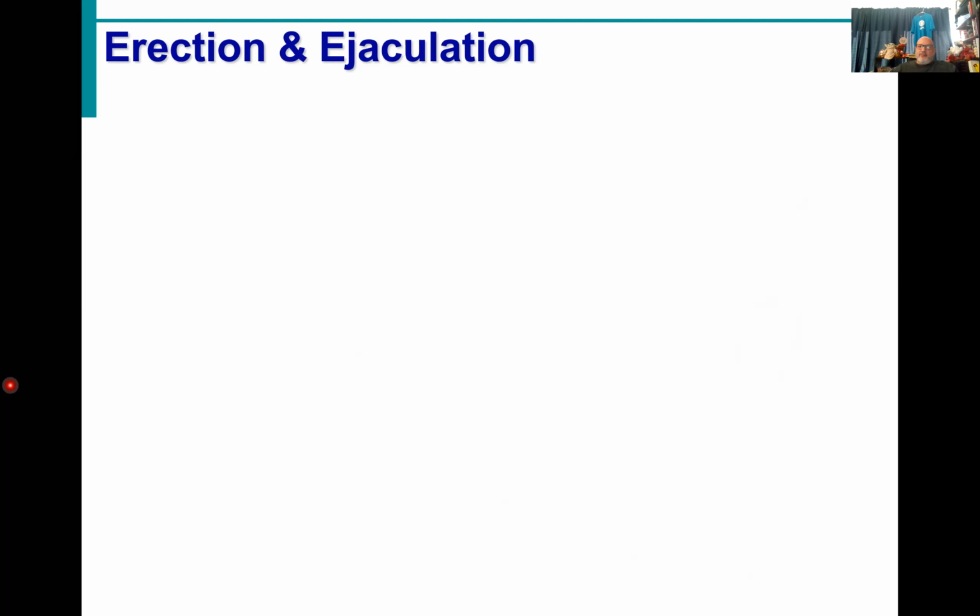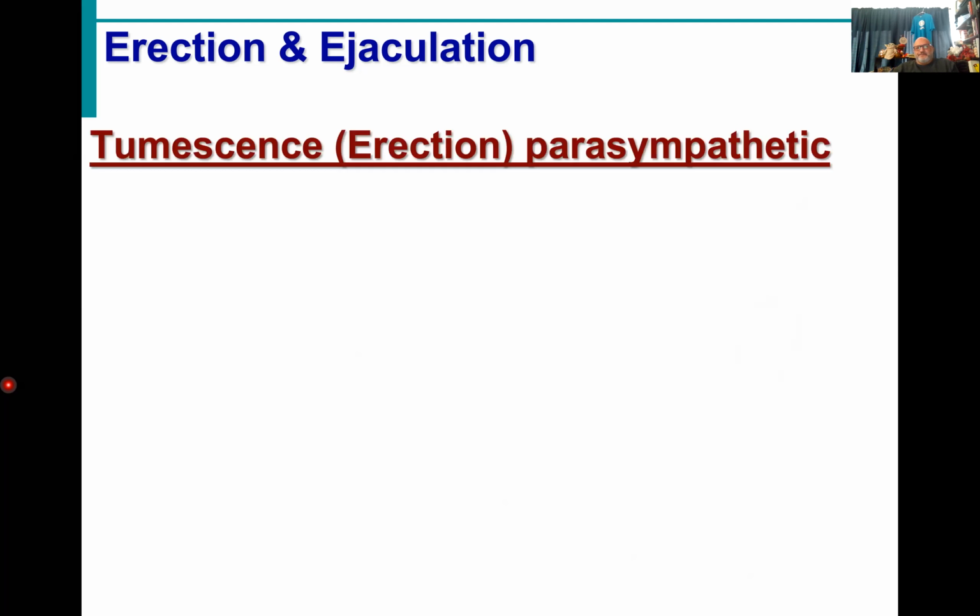And a good way to remember them is point and shoot. Point, the arousal, the erection, is a parasympathetic reflex. And shoot, the orgasm or ejaculation, is a sympathetic reflex. So if you remember point and shoot, you can remember the function of the penis.